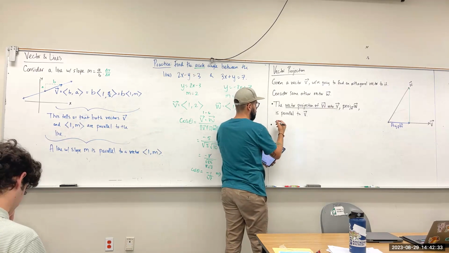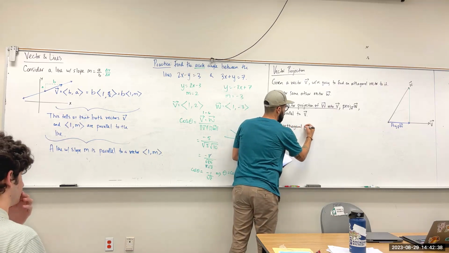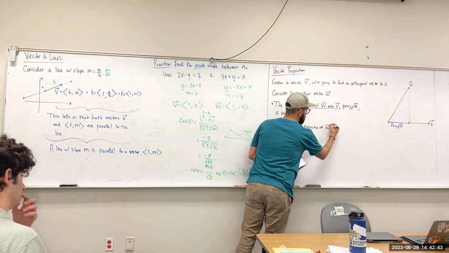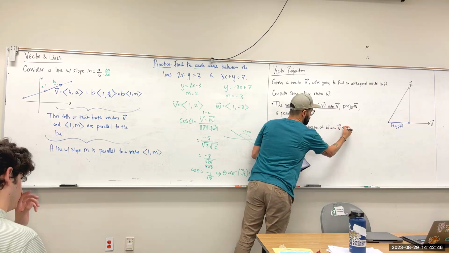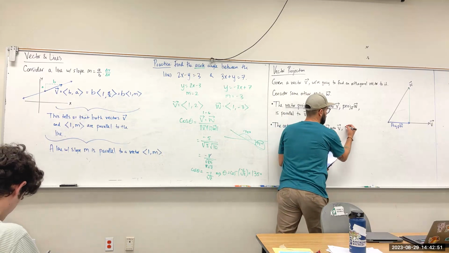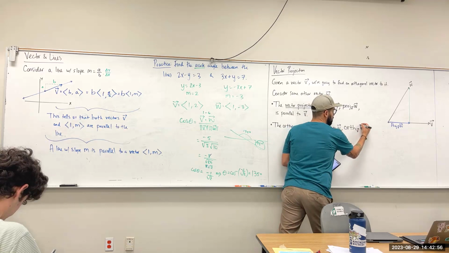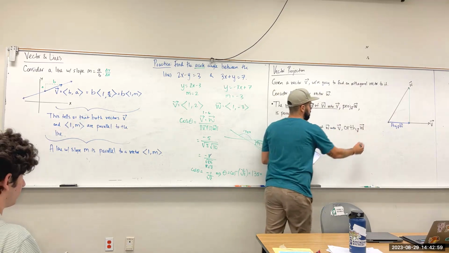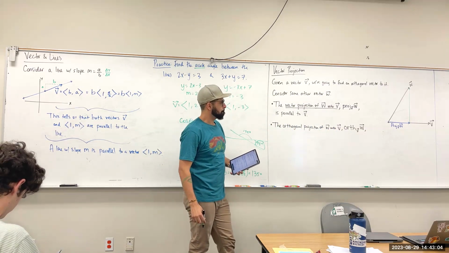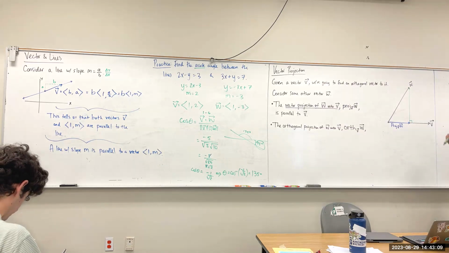This is called the orthogonal projection. So the orthogonal projection of W onto V, this one, we're going to denote it like this: orth, and then W onto V. By construction of how we're defining all this, that vector is the one that's going to be perpendicular to it.